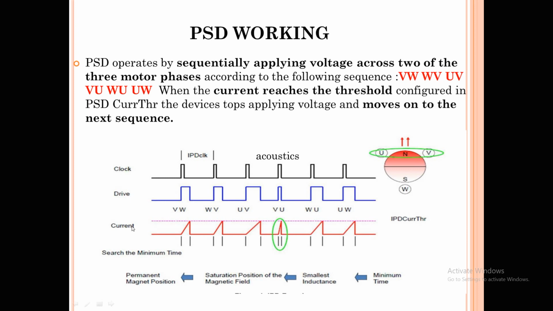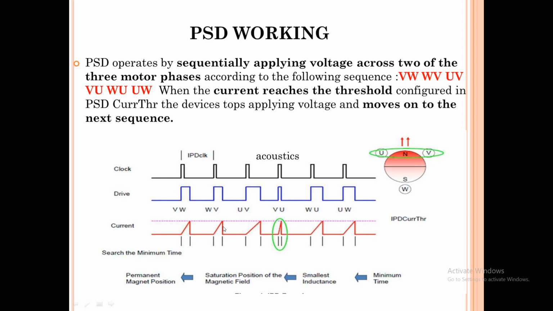And these are the PSD or IPD current thresholds. The current threshold setting basically refers to the time limit that you are going to provide. Once you send these pulses, based on the magnitude, each phase sequence reaches the threshold and then settles.